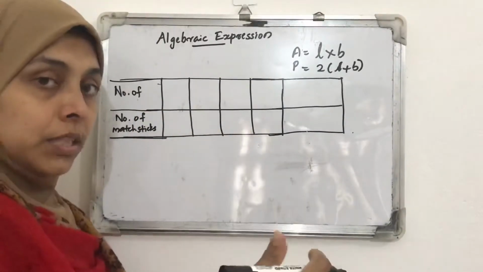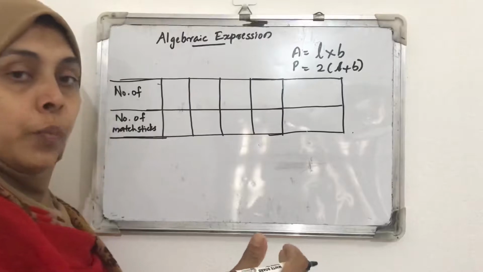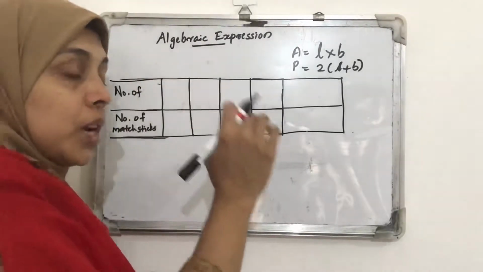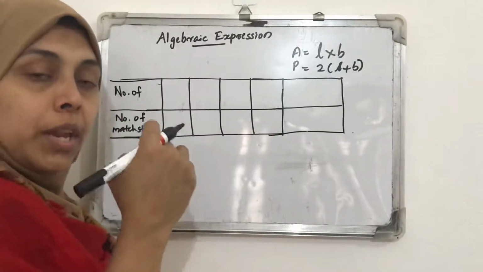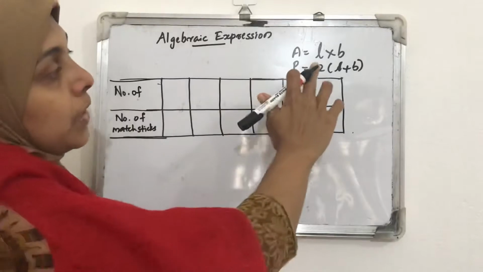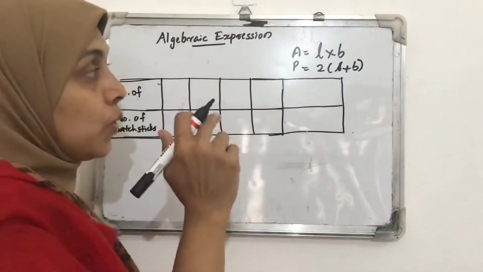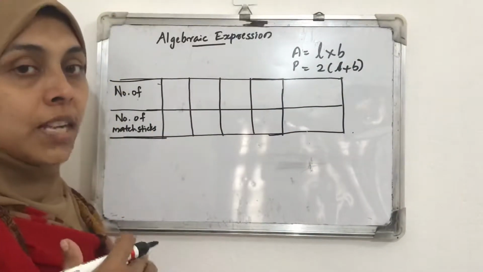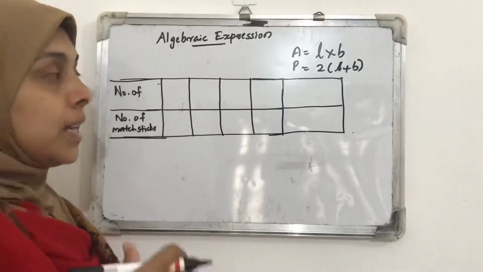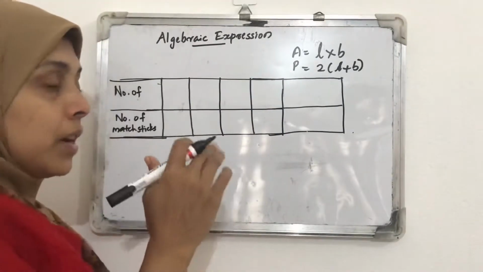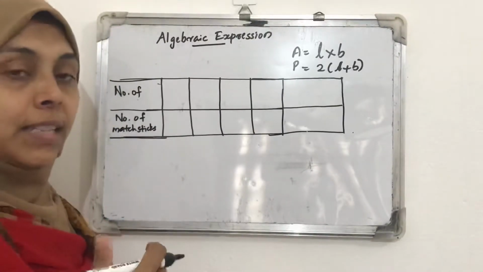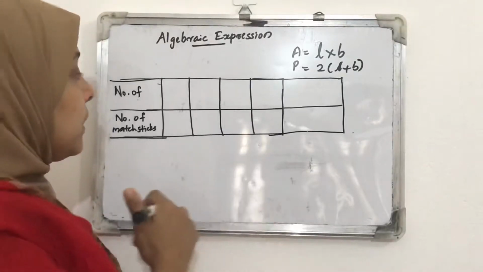Suppose the length is 3 and breadth is 2, the area will be 6 centimeter squared. Just like that, the equation will be true for any length and breadth. In that way we generalize one equation using variables, or an algebraic expression. This is an algebraic expression. This is one main use of algebra: we can generalize any equations and other things.